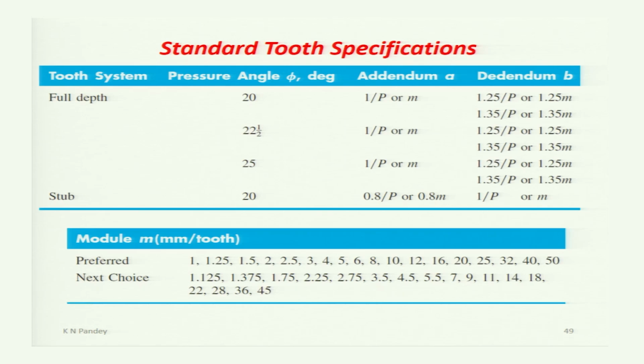Now, as we know, gears are standard components and so they are made as per standards. So, there must be some standard tooth specifications. For the case of involute tooth profile, there are two types of tooth system, the full depth and stub.